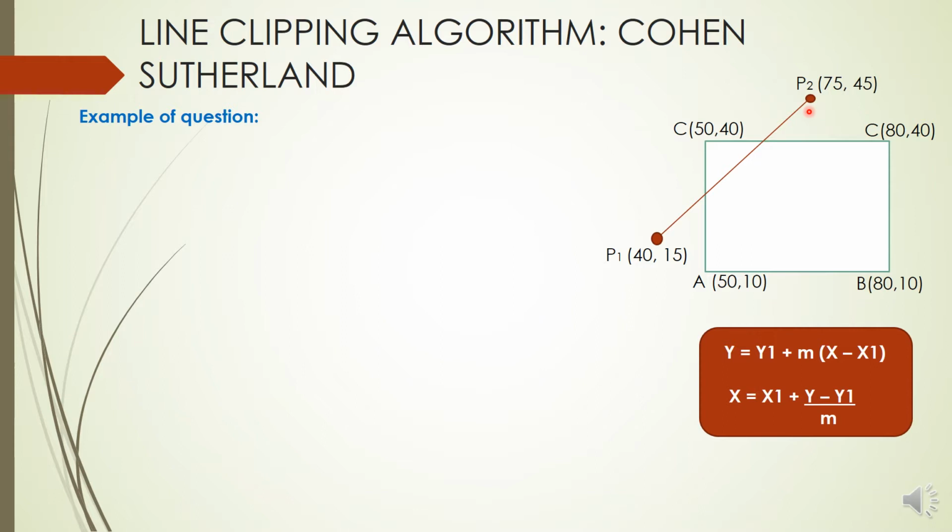In the previous slide, we derived two formulas to find the x and y of the intersecting point. Based on this problem, we have to find the intersecting points of the line segment P1 and P2.